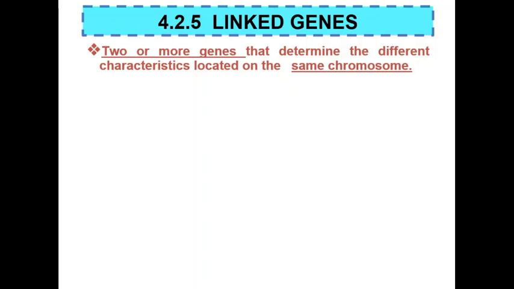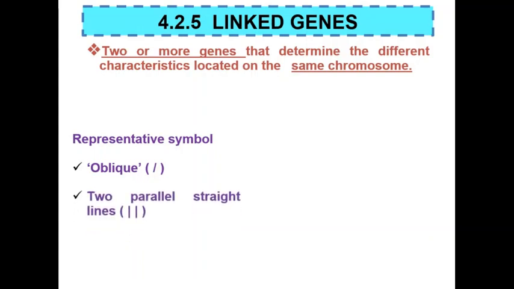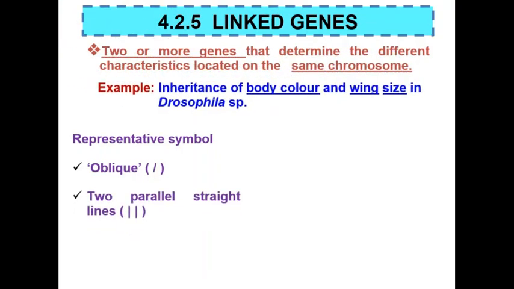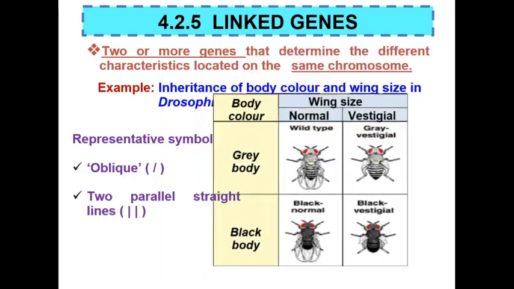While if both alleles are located on either one of the sex chromosomes, it will be known as sex-linked gene. Linked genes are represented by either an oblique symbol or two parallel straight lines. The example of linked genes is the inheritance of body color and wing size in the fruit fly Drosophila species.